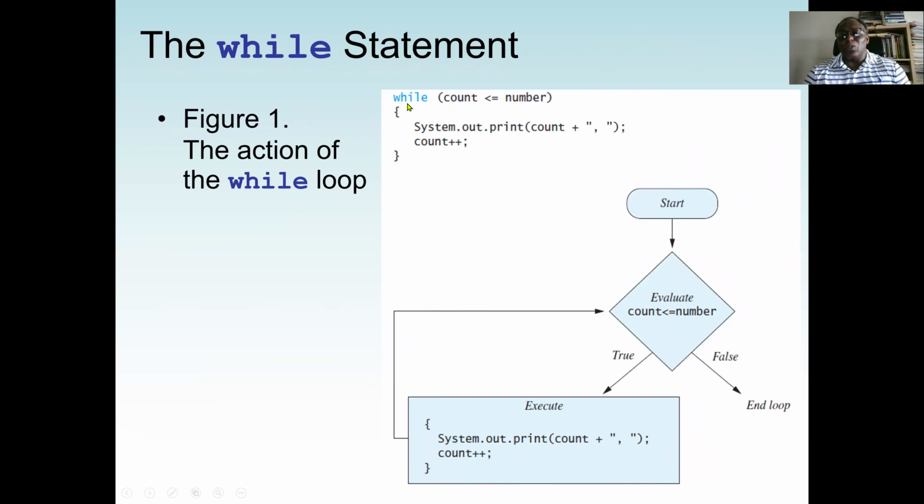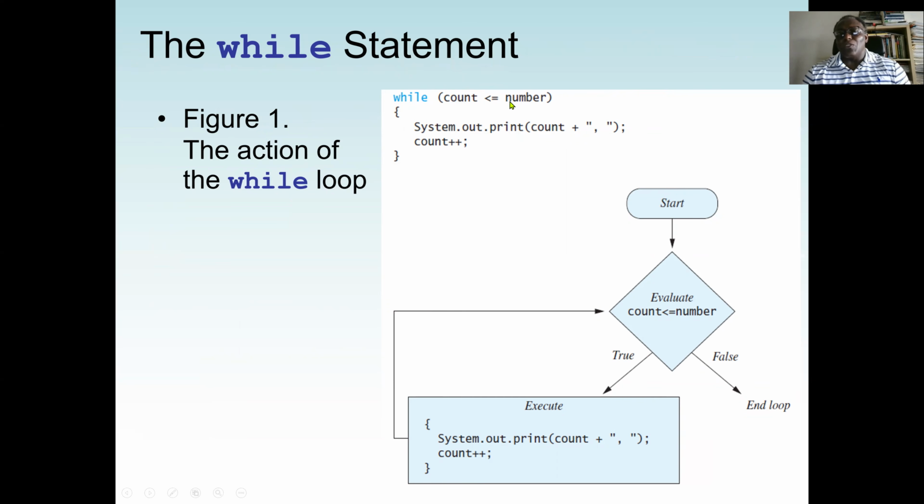So we have the statement while. Count here will be what we call the counter variable or the loop variable. So we're going to declare the variable count and initialize it to 1. The count variable will be outside. And also we have to declare it, because again, we went through variables.